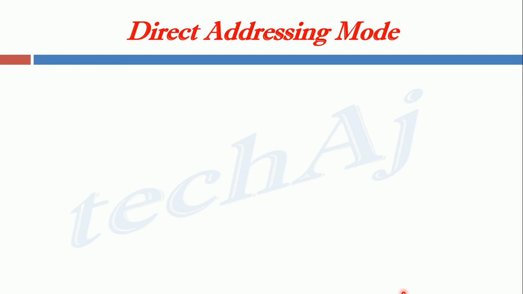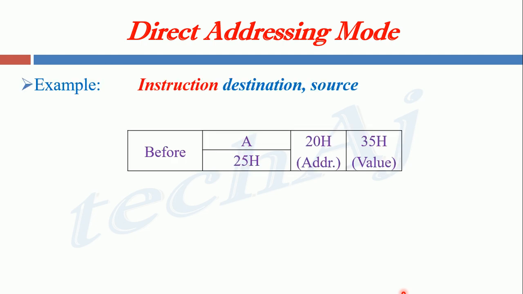Let's see an example of direct addressing mode. Suppose we have the accumulator with the initial value 25H, and at address 20H we have the value 35H. So 20H is an address, and at this address location we have the value 35H.